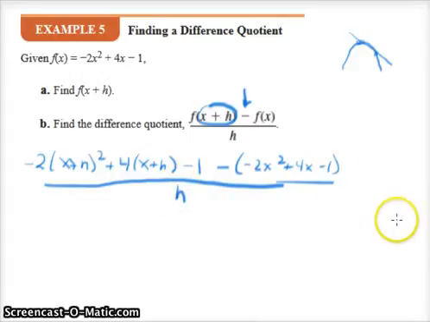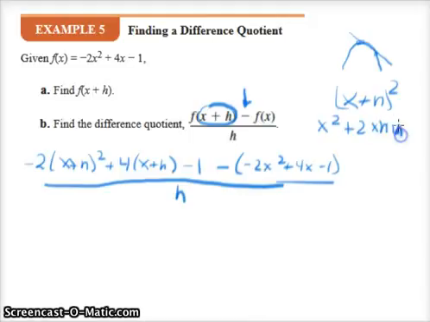Well, we need to multiply all of this out. Now, we know from my first day of class that x plus h squared is x squared plus 2xh plus h squared. A little sloppy there, okay? But if we take that and put it over here, what did I say? I said x squared plus 2xh plus h squared. And let's distribute that minus 2, okay?